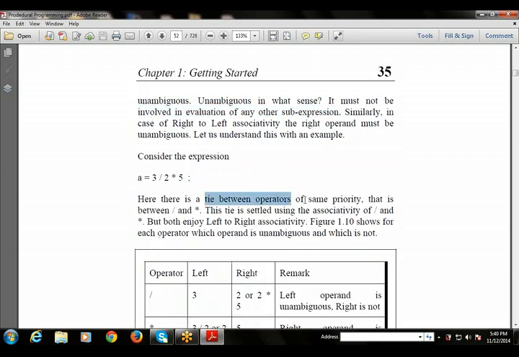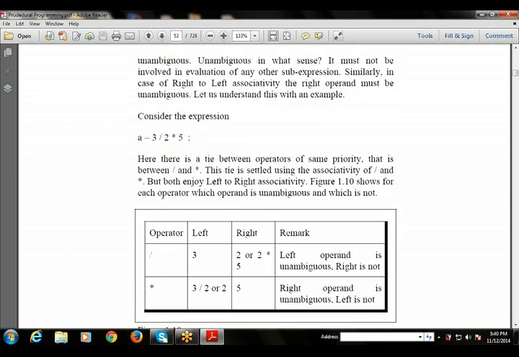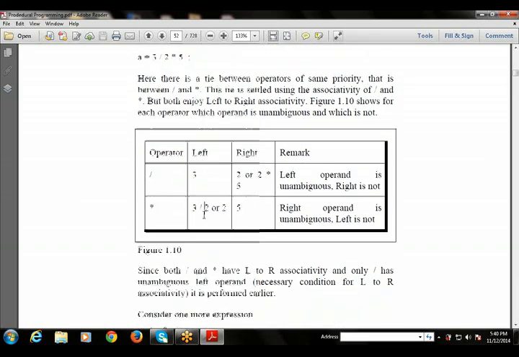If there is a tie between operators of the same priority, the tie is settled using the associativity. Multiply and divide both enjoy left to right associativity. That is, first this will be performed, then the output is multiplied by 5. Left operand is ambiguous, right is not. Right operand is unambiguous, left is not.